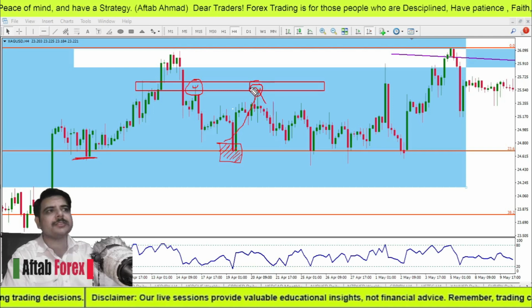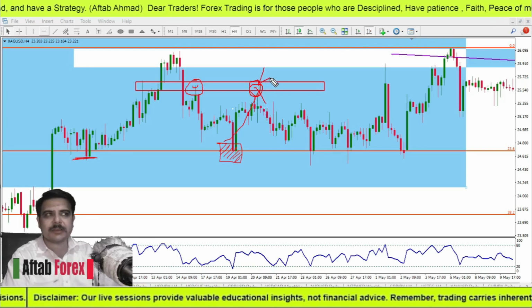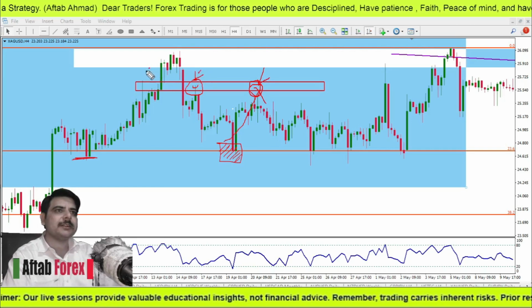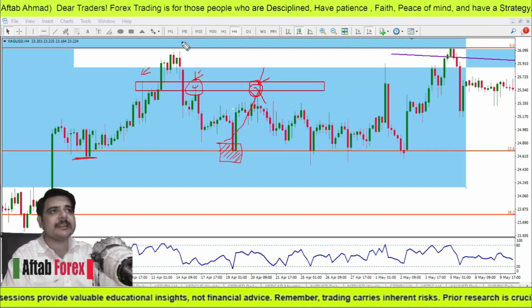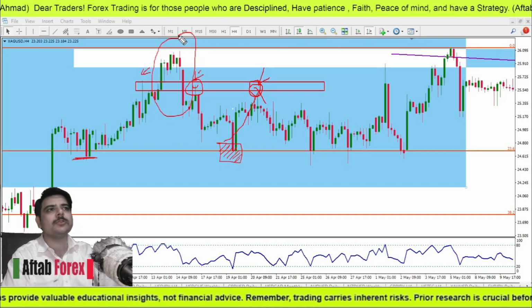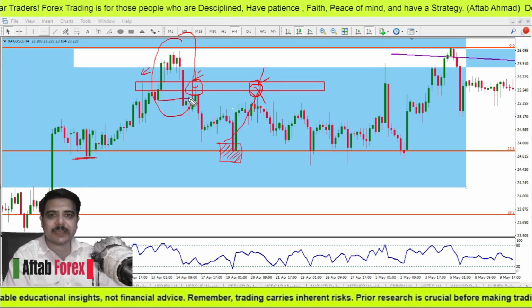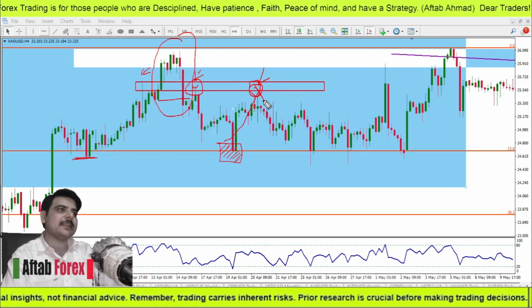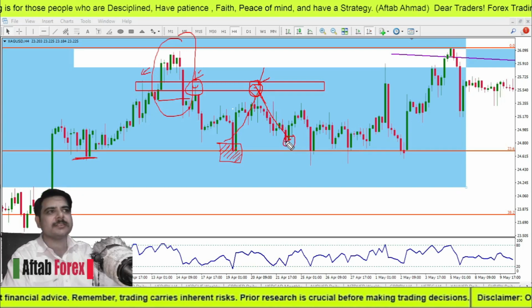Because the market rejected and we have a tail on the top side of the candle, and even a tail right here, even a tail right here, which means this is a very strong level, and a confirmation on the H4, where we got an H4 and daily engulfing candle, which was a very strong one. So this sell could easily be taken right here towards this support.